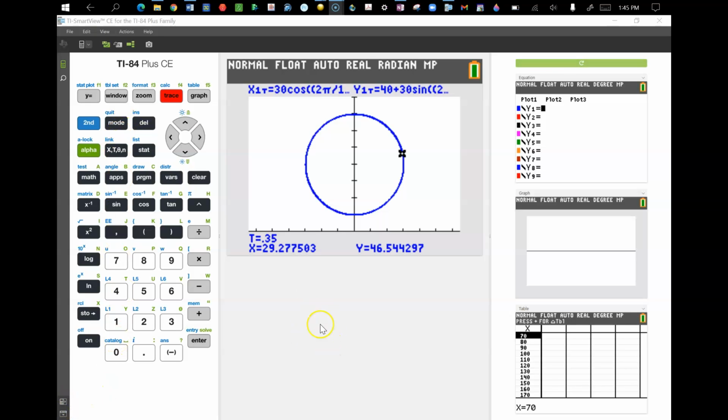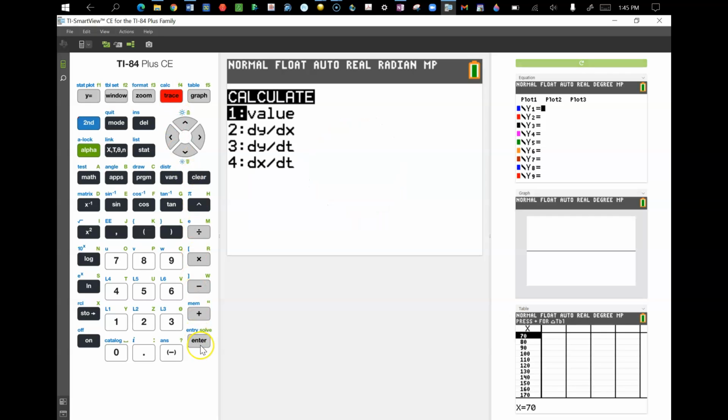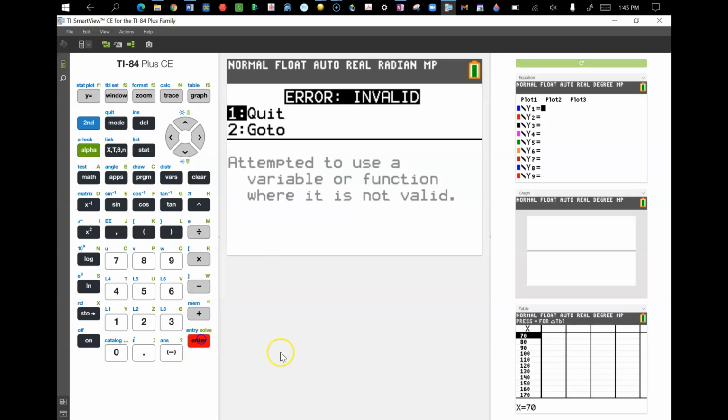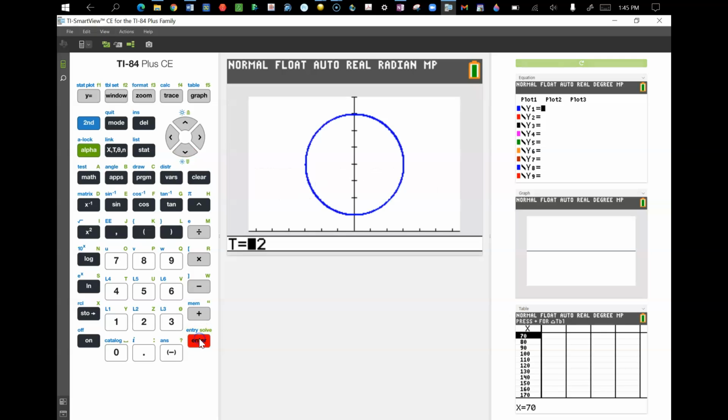One more option to figure out exactly where Jane is at time 22 seconds is to hit second and the trace button, select value, and plug in 22 seconds.